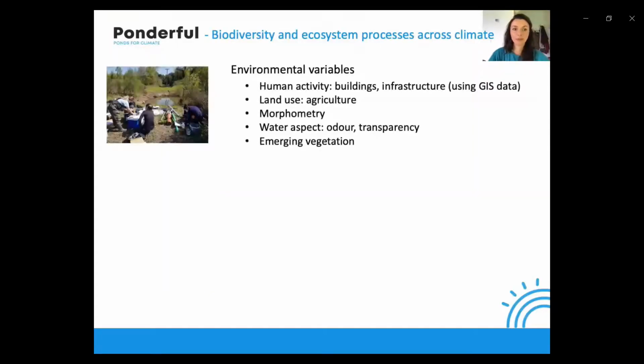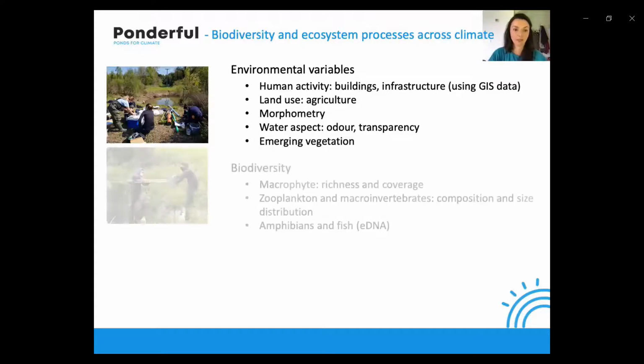In each pond, we quantify several variables, including environmental variables. For example, human activities, such as whether there are buildings or other infrastructure around the pond, like roads. We also quantify, of course, land use, focusing on agriculture and cow presence. We quantify the morphometry, the water aspect, and other aspects of the pond, for example, emergent vegetation.